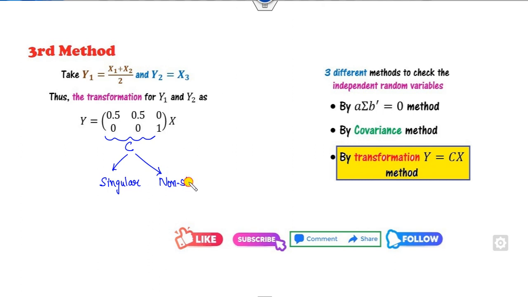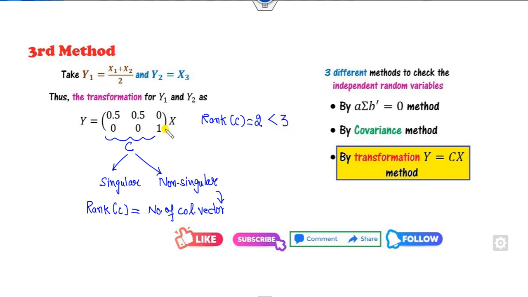How can you check singular or non-singular? I can find the rank of the matrix. If it is equal to the number of column vectors, then it is non-singular, otherwise singular. So what is the rank of C? The rank is 2, which is less than the number of column vectors. Therefore C is a singular matrix.